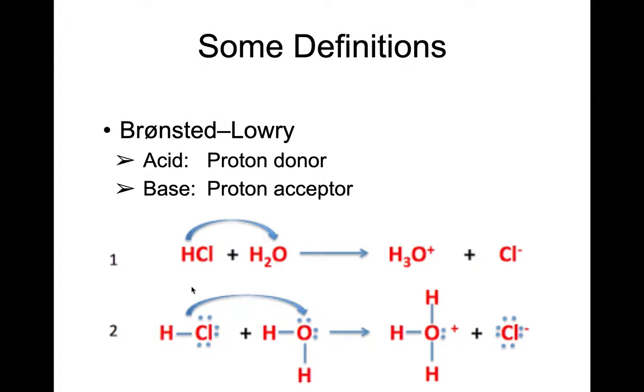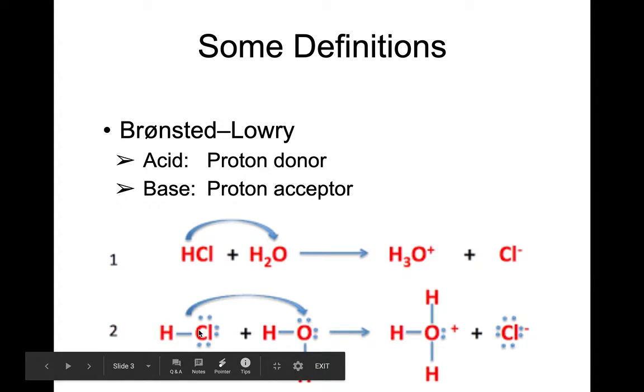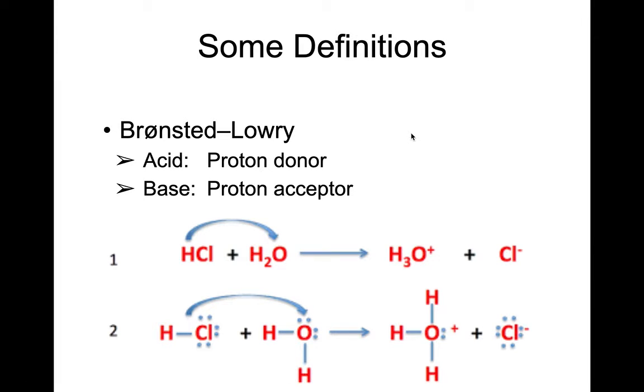The HCl, you can see it here drawn out with its Lewis structures. The HCl donates the hydrogen, its proton, and that proton, that hydrogen, goes and bonds with one of the non-bonding pairs of electrons on oxygen to make the hydronium ion. So in this case, the HCl is clearly the acid because it is what is giving up a hydrogen.